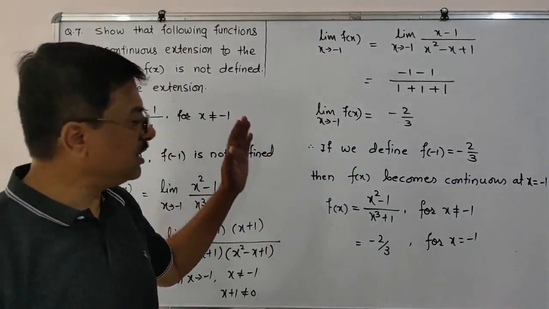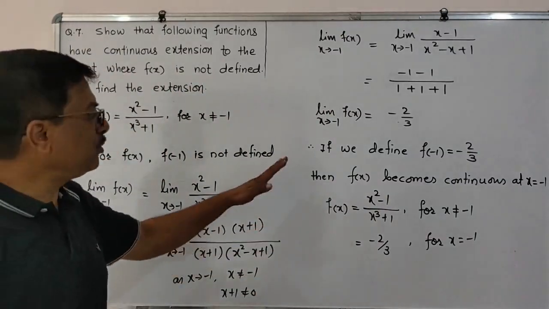Hence that function becomes continuous at x is equal to minus 1. This is about question number 3.